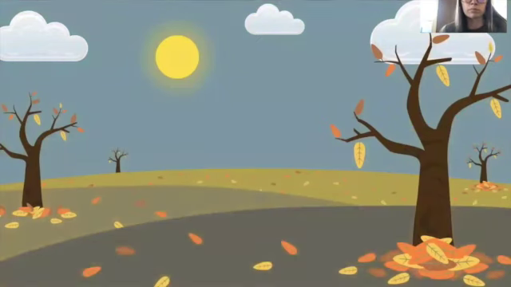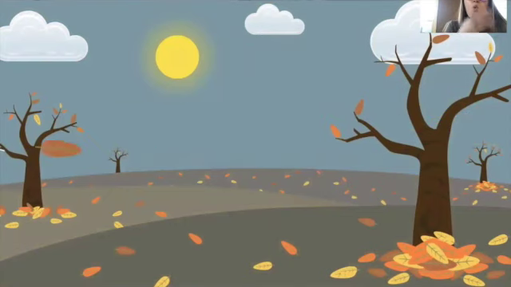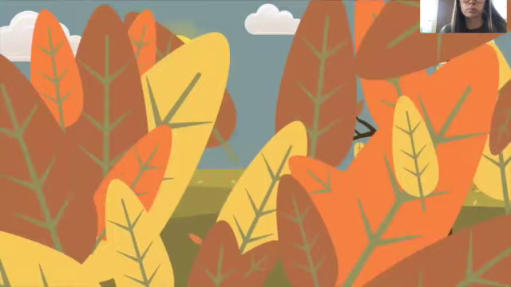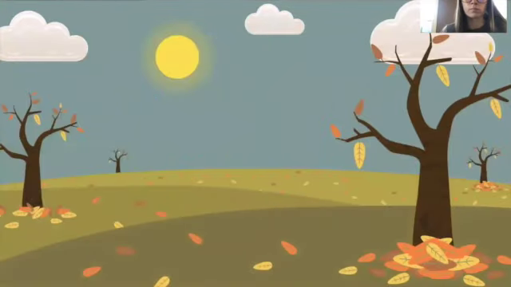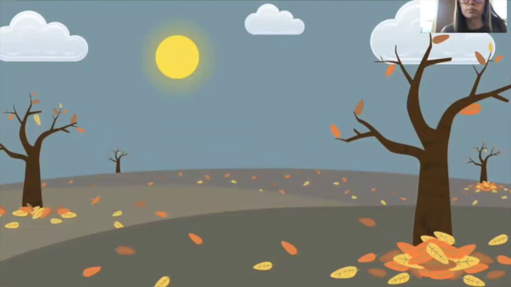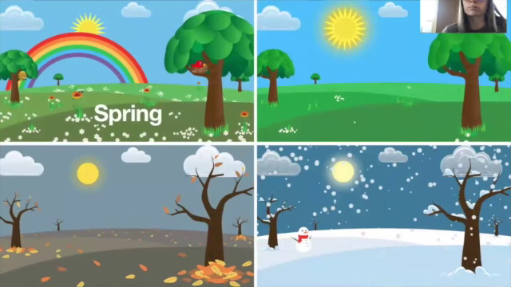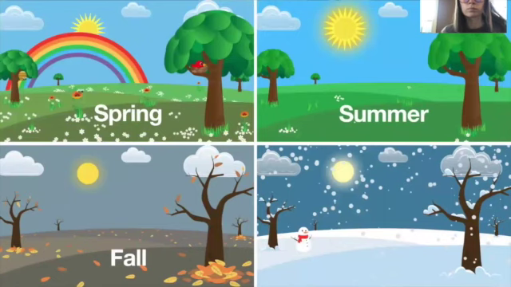Here comes the fall with the climate getting cooler, the leaves falling down, the wind blowing loud, the leaves changing color.